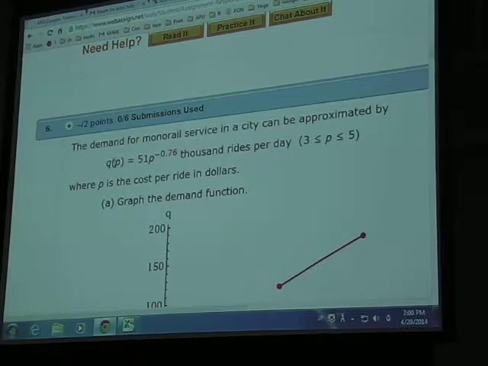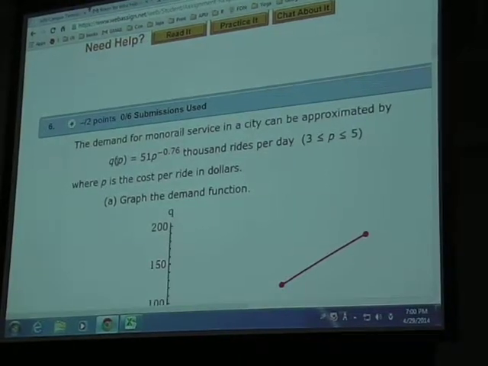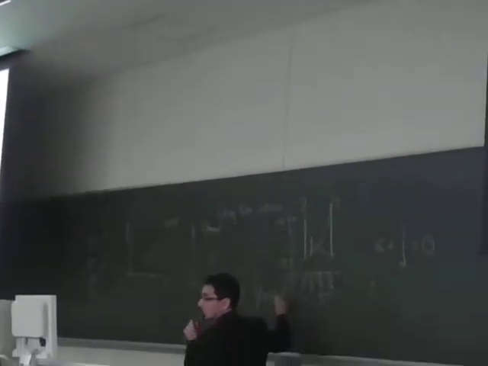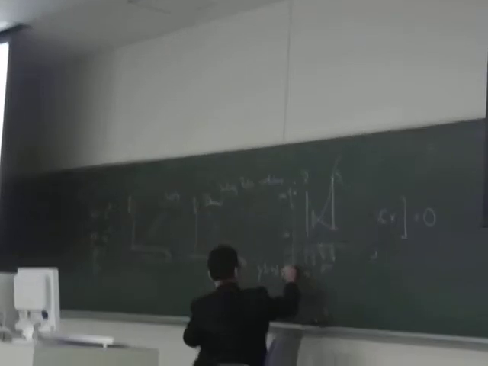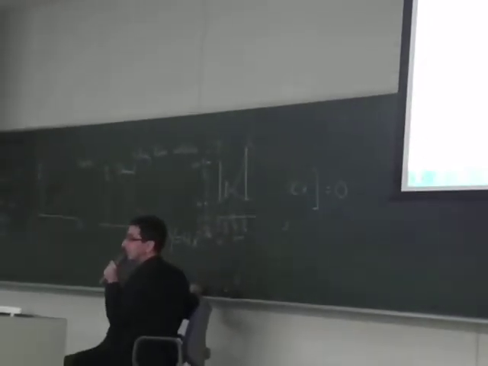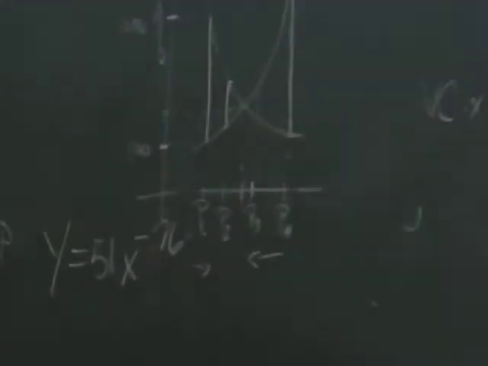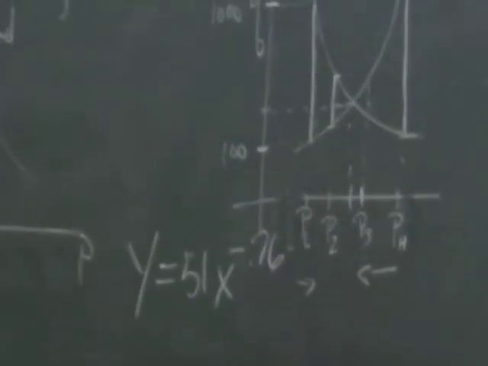So let's change it to y and x, just to visualize it like that. So what does it say? Y equals 51 x to the minus 0.76, right? That's the demand function.